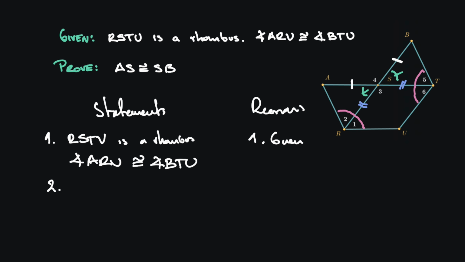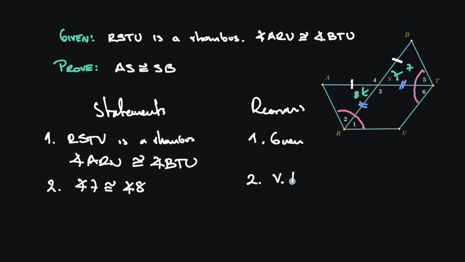Number two, we know that these two angles are congruent because they are vertical angles. Instead of calling this 4 and this 3, we can call them different names. So this will be angle 7 and angle 8. So we know that angle 7 is congruent with angle 8.